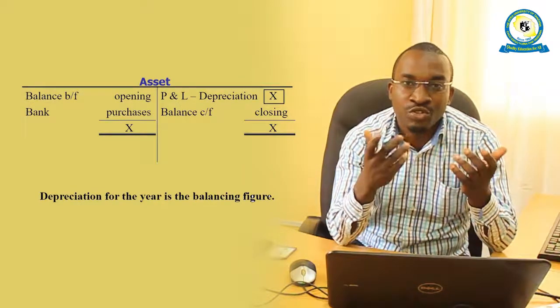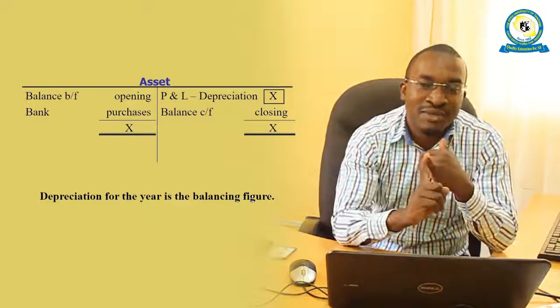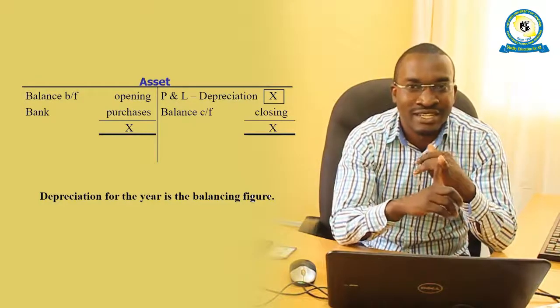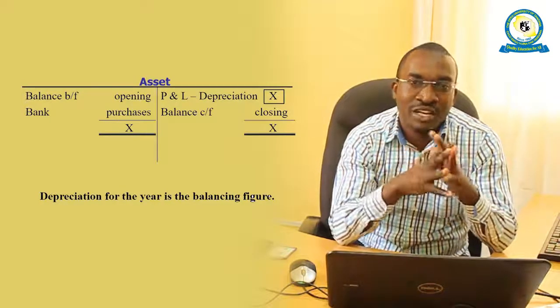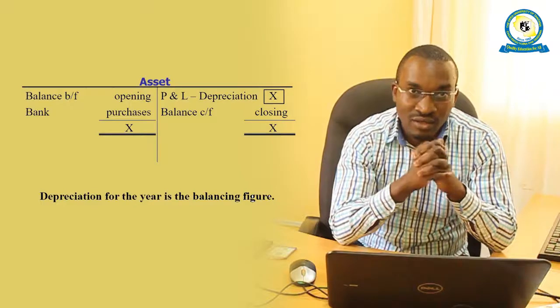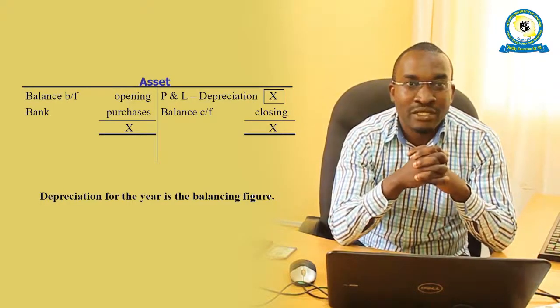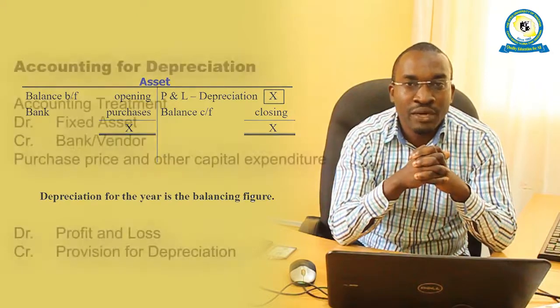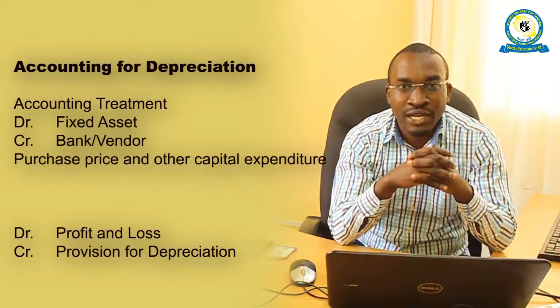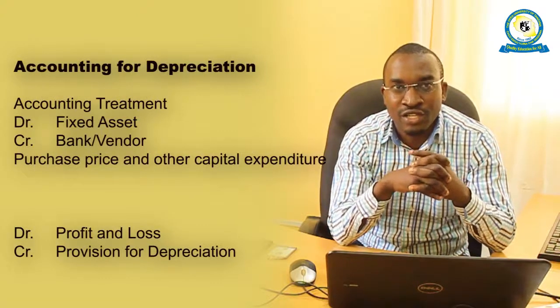Let me give you a recap of this principle. According to the duality principle, every debit entry is supposed to have a corresponding credit entry, and all the assets have a nature of debit, and all the expenses have a nature of debit again. But all the capital and liability have the nature of credit.